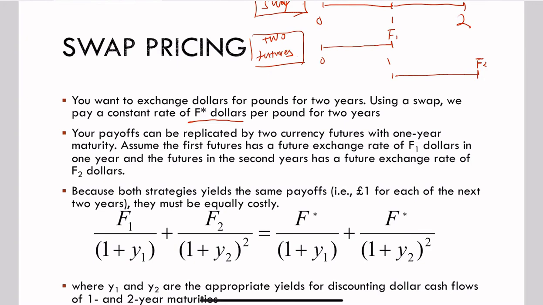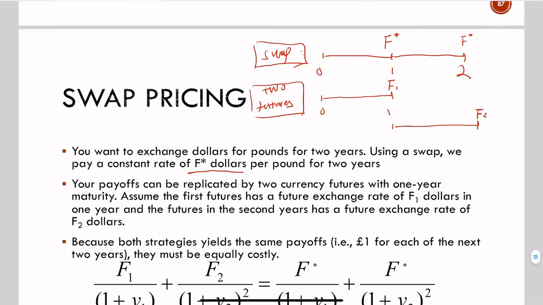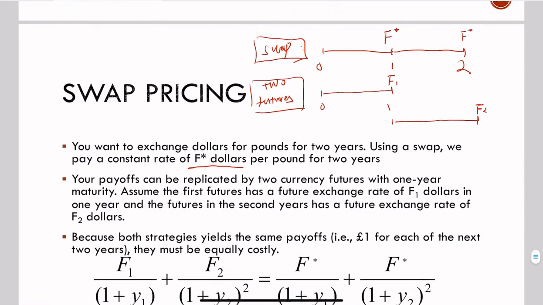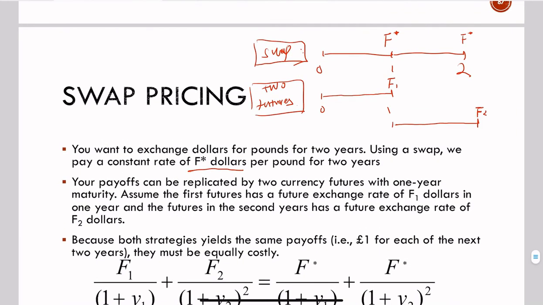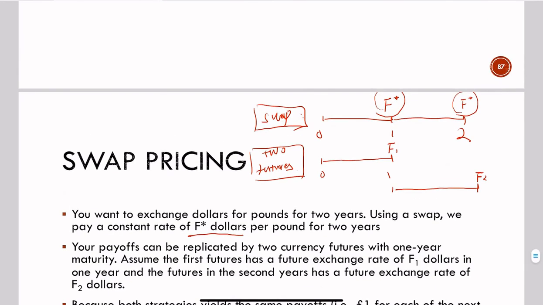Now, what is your cost in this swap case? Well, you will pay out this amount of dollars, F star dollars, at the end of the first year, and you will pay the same amount at the end of the second year. So your cost is F star divided by 1 plus Y1. Here the Y1 is really the discount factor you will use. And then F star divided by (1 plus Y2) squared.